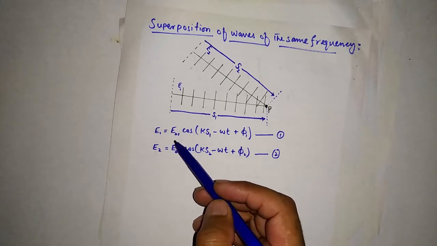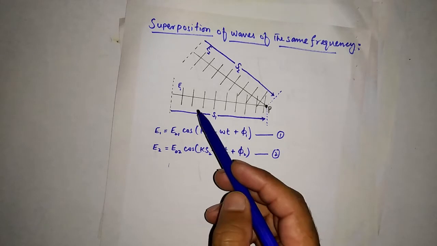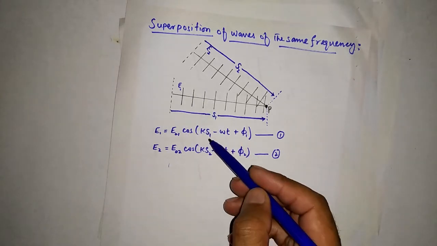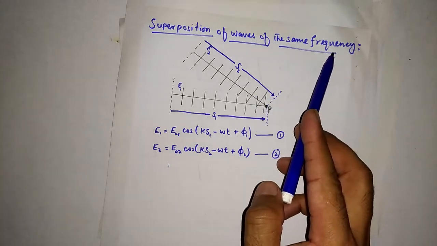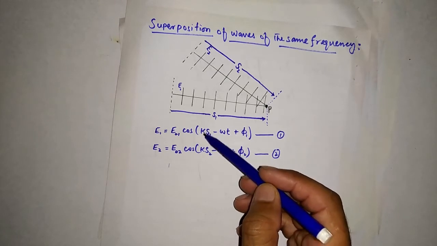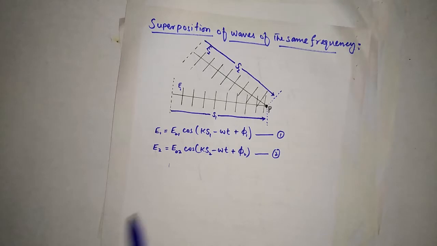Here E0 1 and E0 2 are the amplitudes of the first and second wave respectively, where we said that both the waves have the same frequency. I have written both the waves in terms of their wave number.